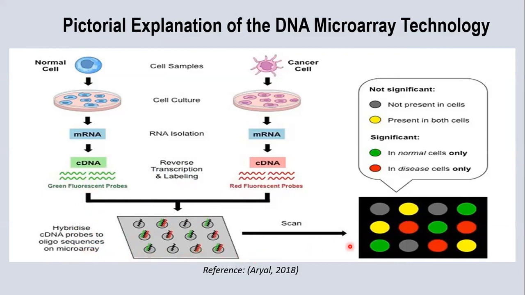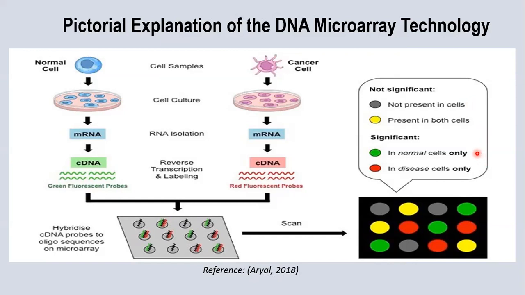These are then scanned, and here is the key to its significance. If there's only a gray color in the microarray, that means no cells are present. If yellow color shows up, it means that particular gene is present in both of the cells, that is, in normal cells and in cancerous cells.